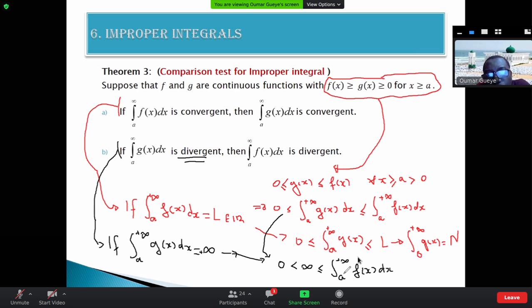Yes or no? No, because we cannot find a number which is greater than infinity. This cannot be a real number. The only way to get this inequality valid is for this to be infinity. So it means the integral from a to positive infinity of g is also equal to infinity.